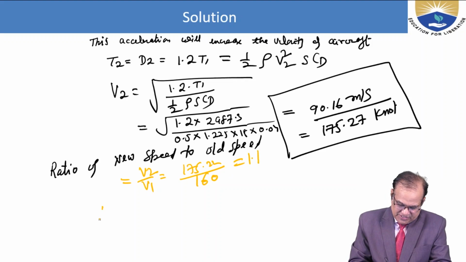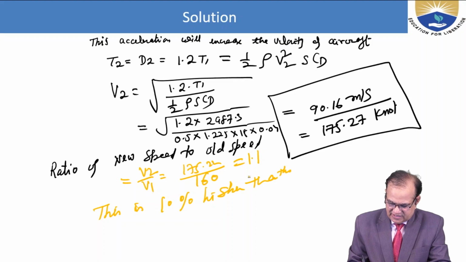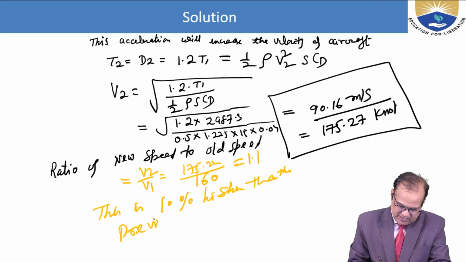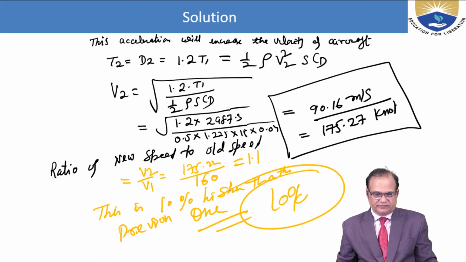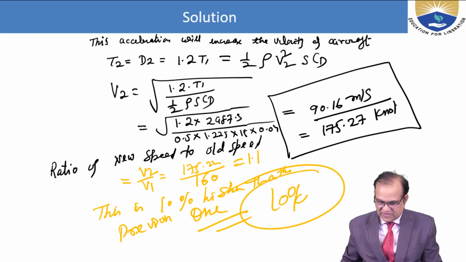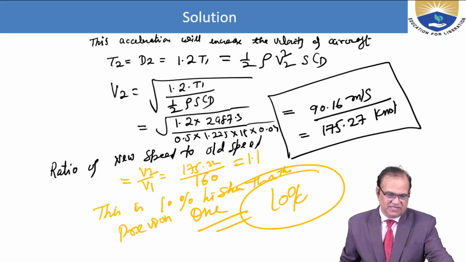So this is 10% higher than the previous one. So speed is higher. So that is another problem which we have handled.